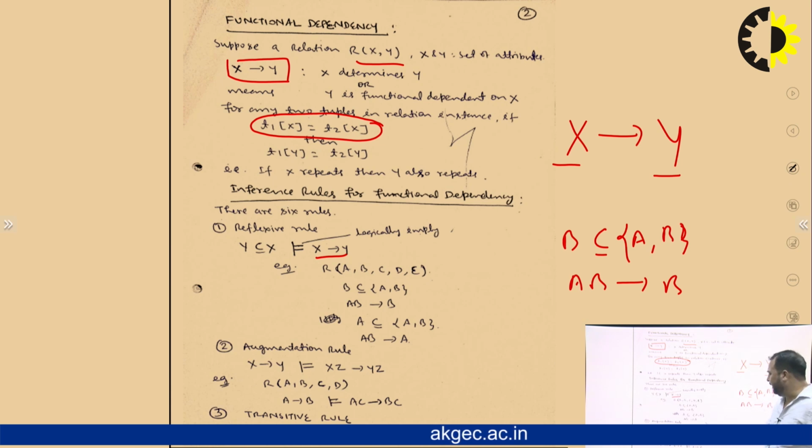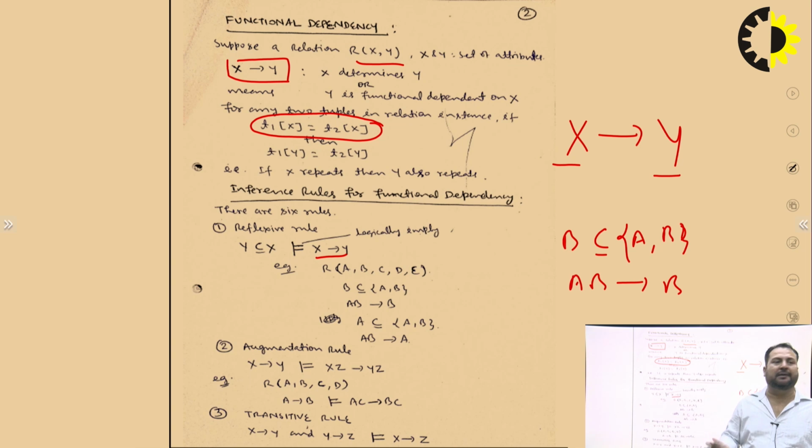For example, we have a student with roll number, name, branch and so on. Roll number is a subset of roll number comma name, so roll number comma name will determine the name. This rule is called the reflexive rule.